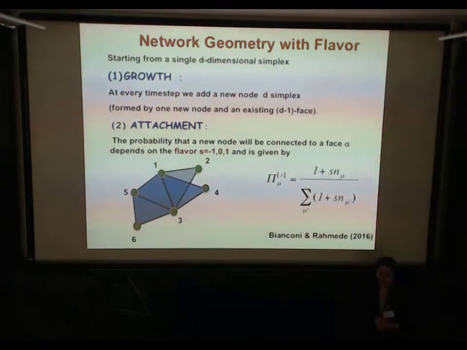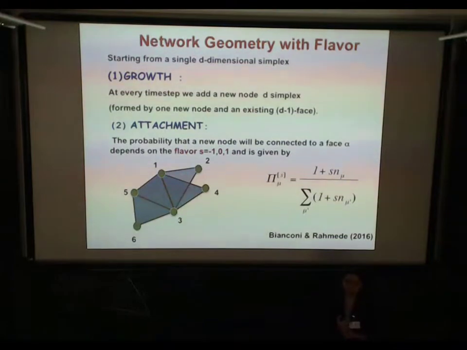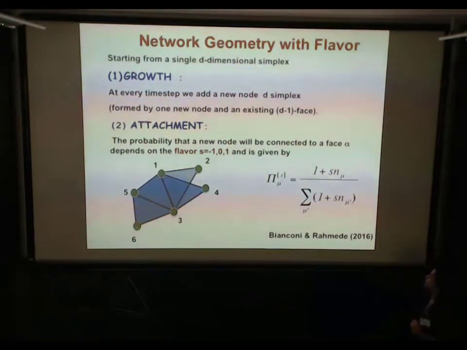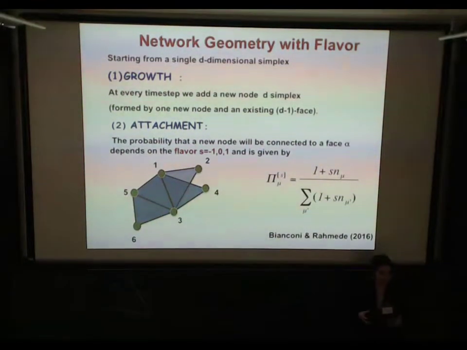And we can formulate a growing simplicial complex model that we call network geometry with flavor, in which we start with a d-simplex, and at each time step we add a new d-simplex with a new node, and this d-simplex is attached to one existing (d-1)-face.